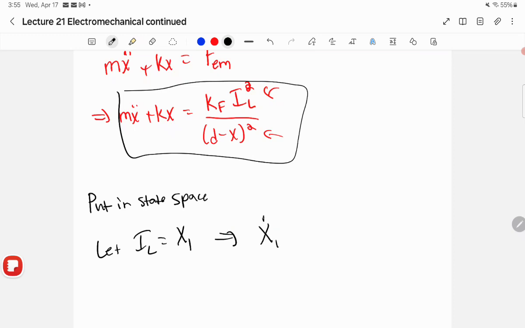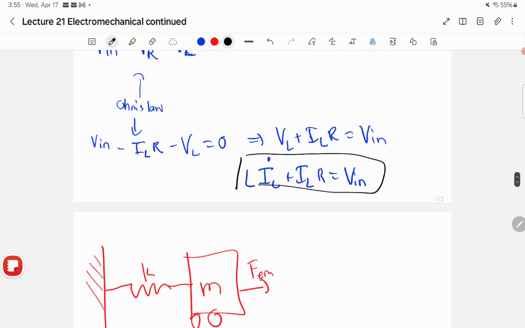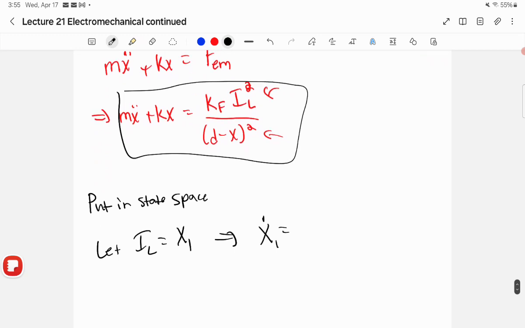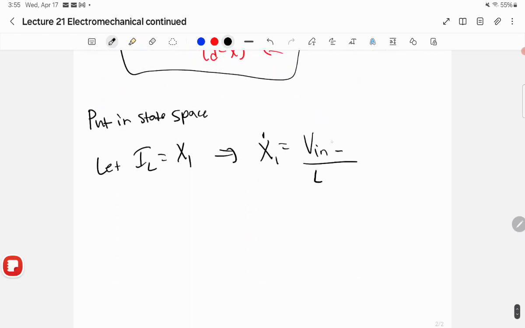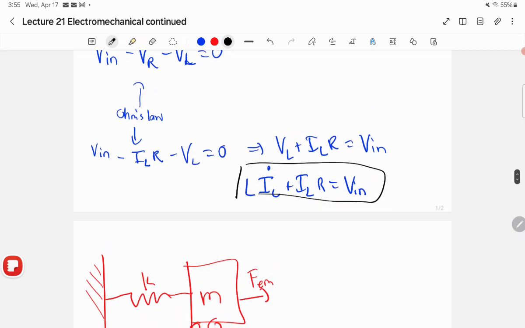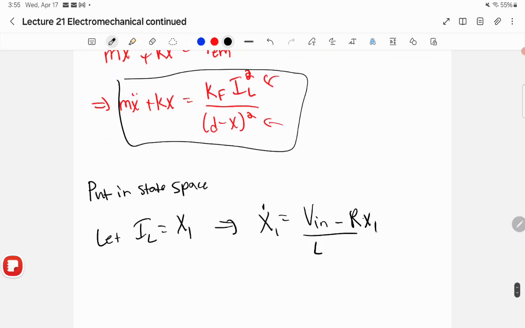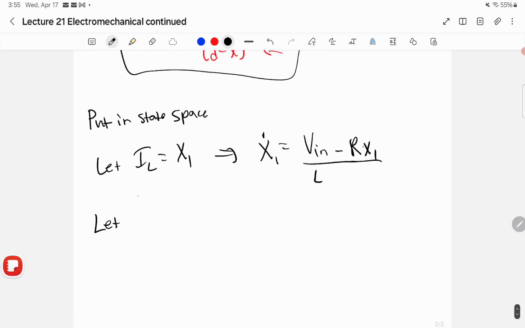This means that x1 dot is equal to Vn over L, minus R times x1, over L. Then I'm going to let x2 be equal to x, and x3 equal to x dot, which means x2 dot here is going to be equal to x3.